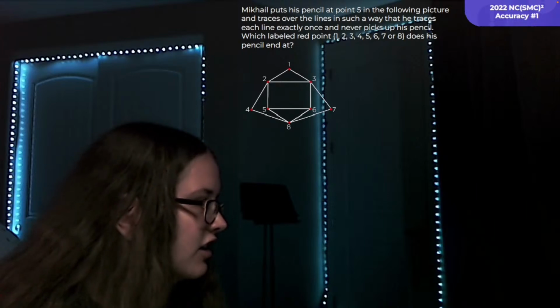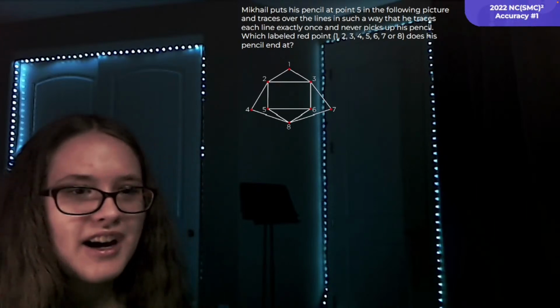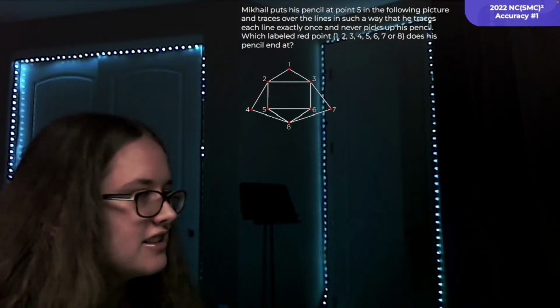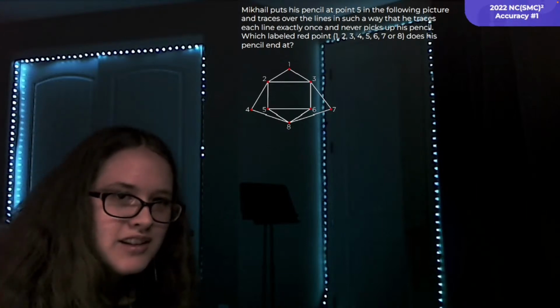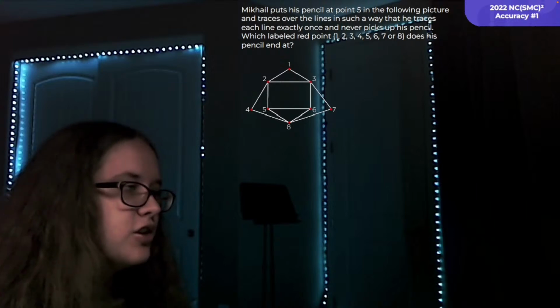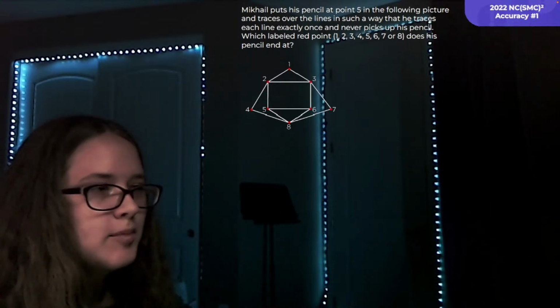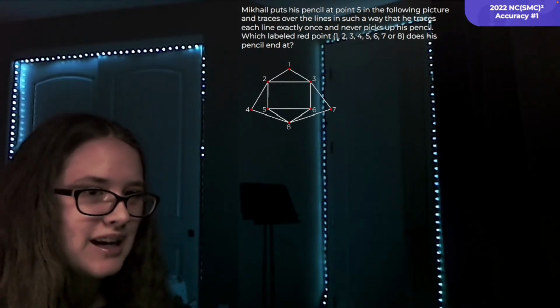Okay. So there's actually a really quick way I can look at this and solve this, and it's a pretty interesting fact where if you're trying to do this, you can have either 0 points with an odd number of lines coming out of them, or 2 points with an odd number of lines coming out of them.